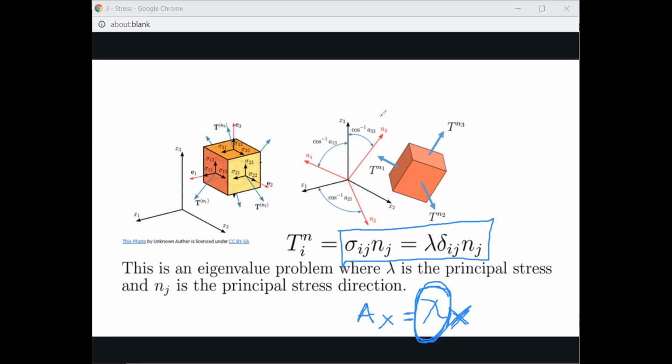This is the principal stress orientation. In this case, the material only expands. There are no shear stresses, so it doesn't skew. It doesn't rotate. Okay?